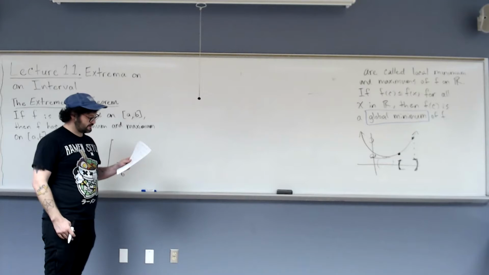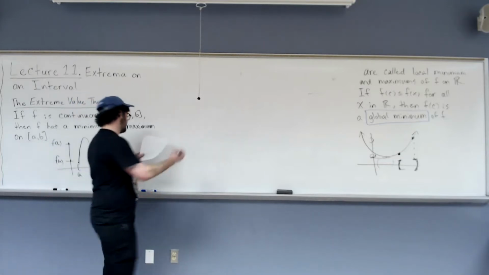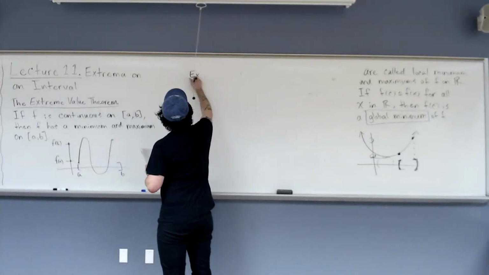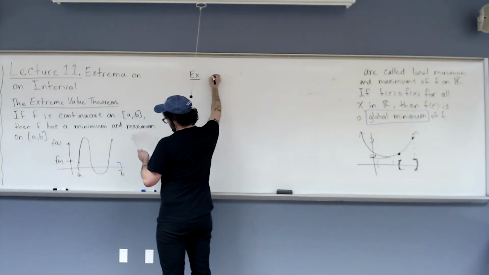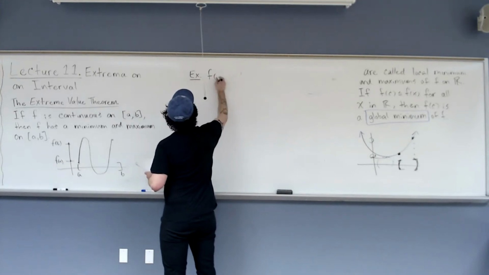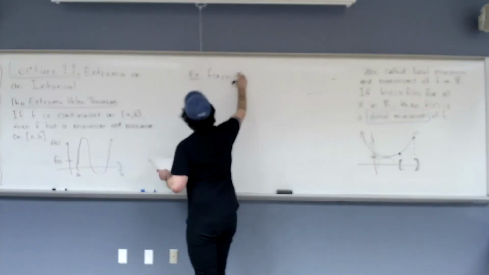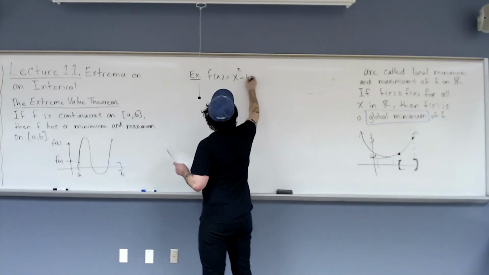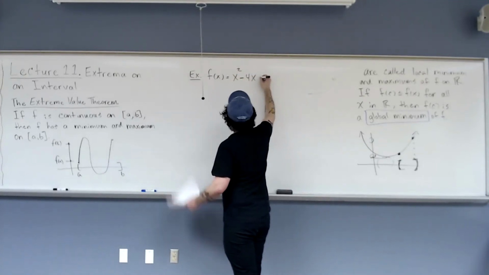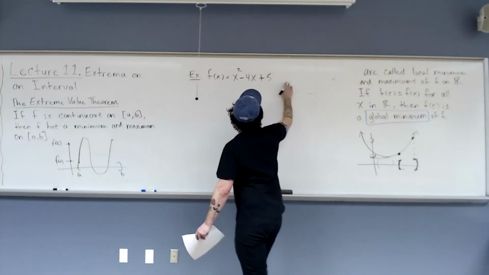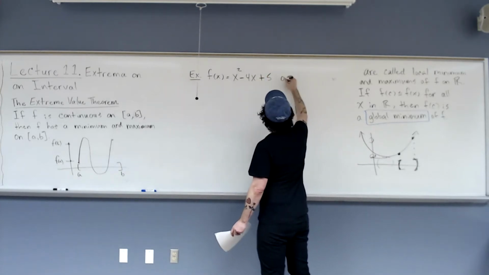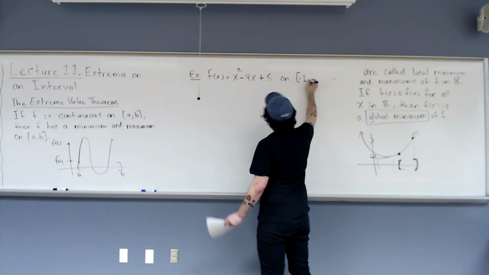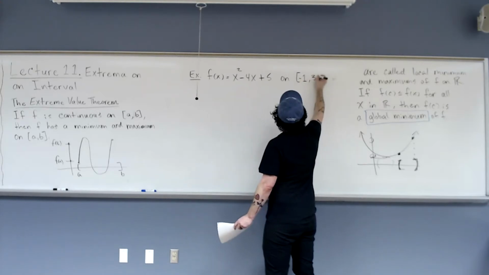I was going to use this example from your book, but we already know the answer to this. Let's consider the function f of x equals x squared minus 4x plus 5 on the closed interval [-1, 3].